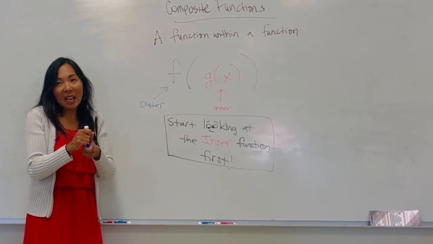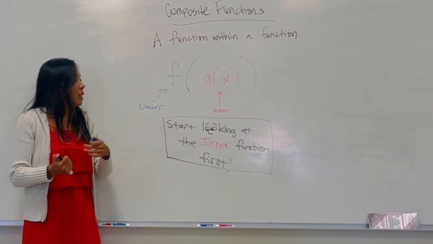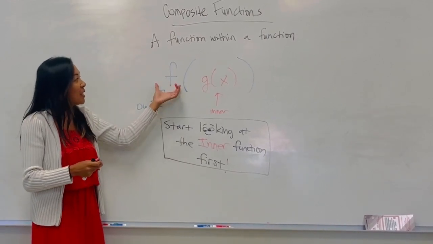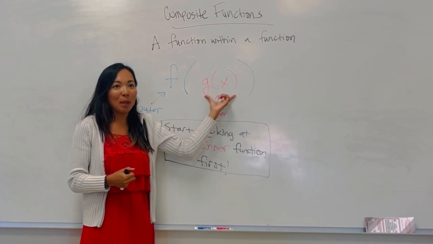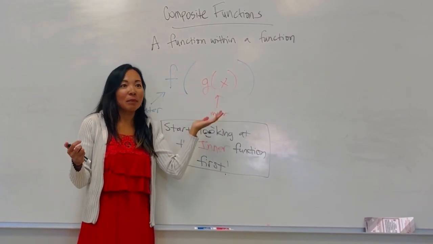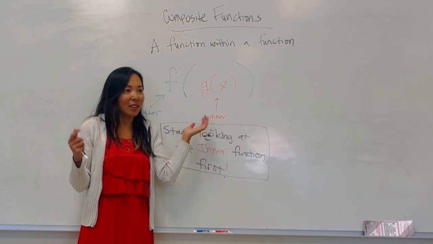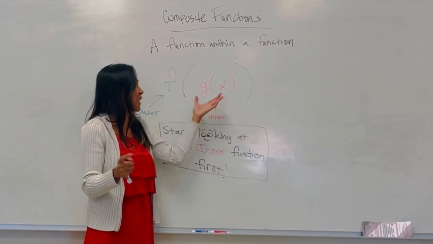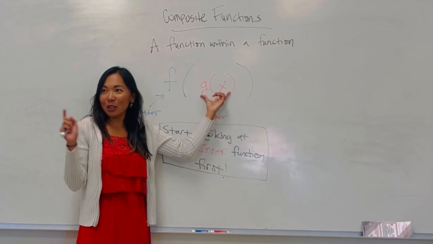In terms of analogy, I mentioned earlier that when I was pregnant, I would think of the outer function as the mom and the inner function as the baby. Everyone likes to look at the babies first. Once you become a parent, you realize your identity is secondary. They say, what a cute baby, but they totally forget about you. So everyone looks at the baby first, which is normal.